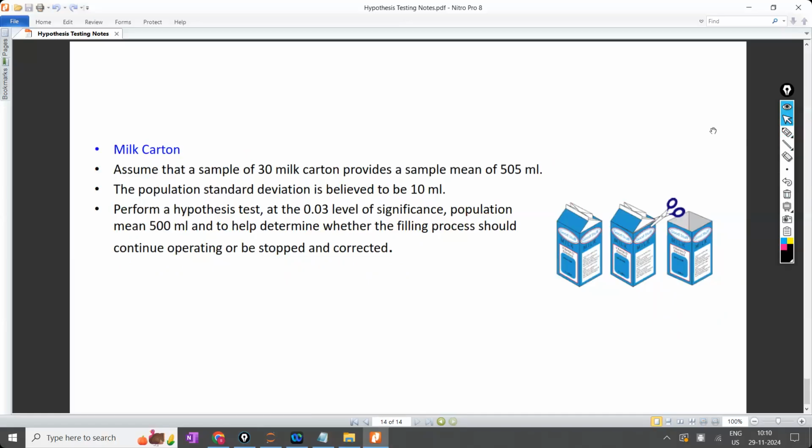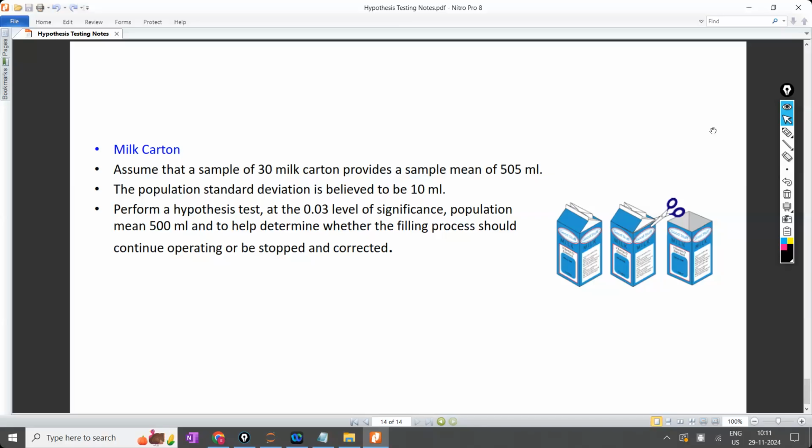I want only the formulation of the null and alternate hypothesis. First, write the answer in the notes.